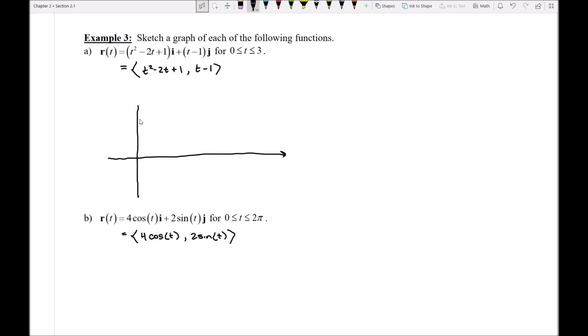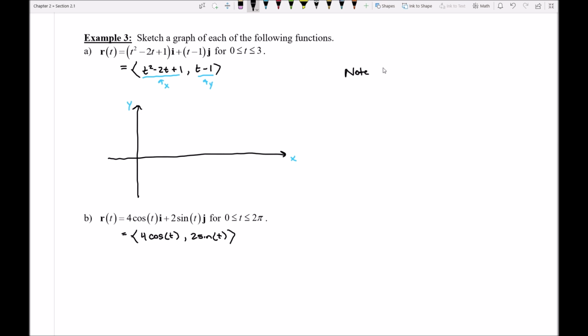So really quickly here, I'm going to start to think through this first one. Now, I have to remember that when I'm looking at the vector here, my first component represents x's, and my second component represents y's. And if I do that, I can see a really interesting connection between the x and the y that I have. I'll even write this off at the side.